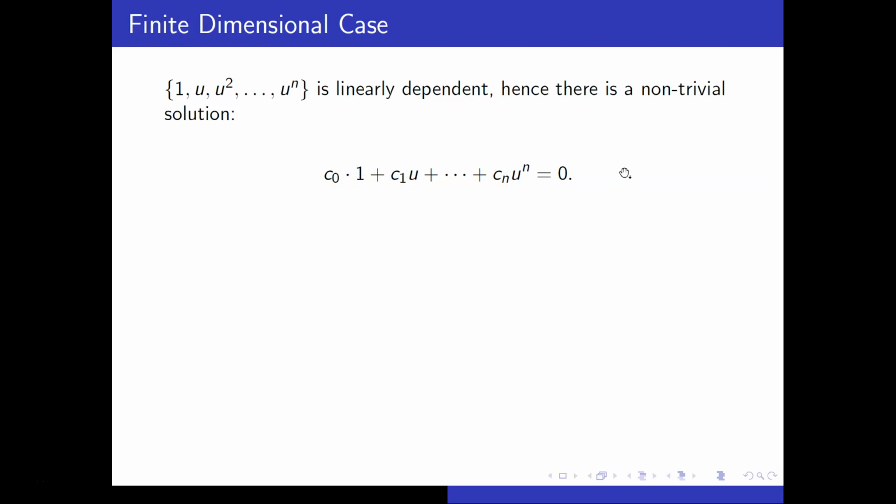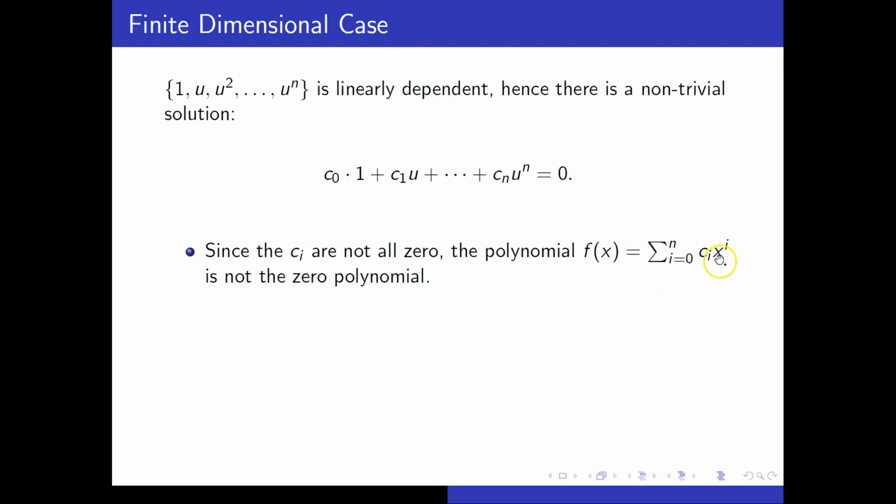And in fact, since we're working in a field, if u is non-zero, none of these powers are 0, hence at least 2 of these coefficients must be non-zero in this case. All right, but that gives me a relation involving powers of u that get me 0. So from that, I just extract the polynomial with those coefficients.